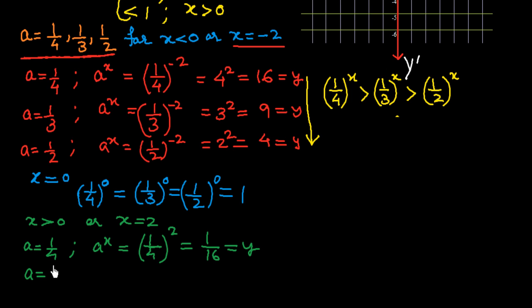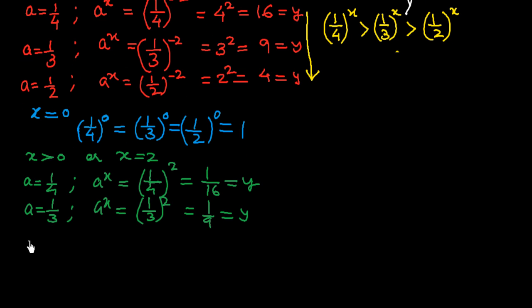A is equal to 1 over 3, we get a power x is equal to 1 over 3 whole square, which is 1 over 9, which is y. And finally a is equal to 1 over 2, a power x is 1 over 2 whole square, equal to 1 over 4, which is y.